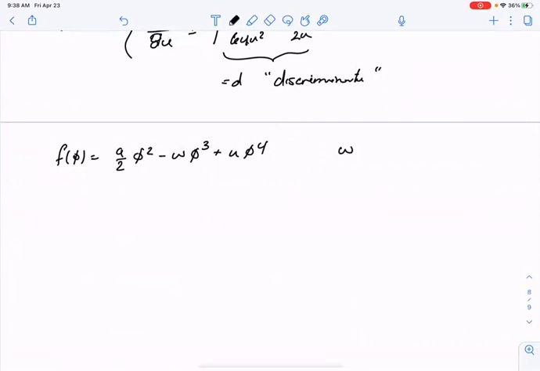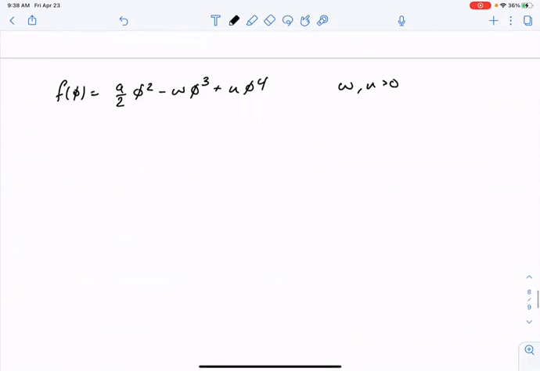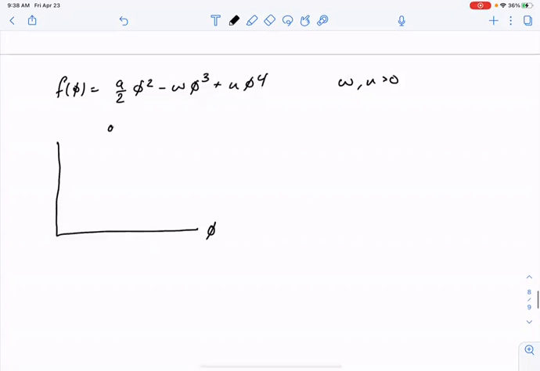Remember, omega and u are positive. A is what we're tuning to drive a transition. So for A positive, and very much so, I will increase, I might have some little bump for the minus u, but I will keep increasing.